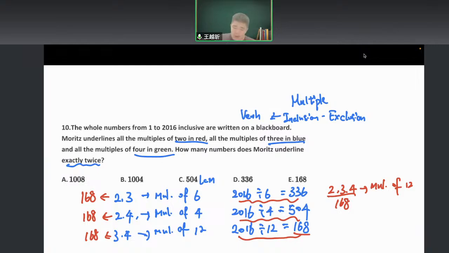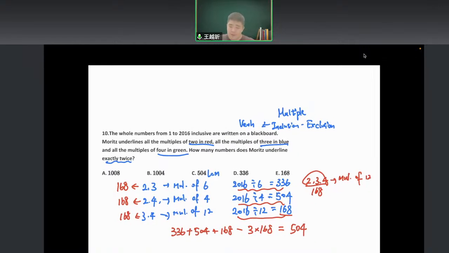So what we need to do is sum up the numbers in each category, and then minus the parts that we don't want, the parts that are multiples of 2, 3, and 4. So we minus 3 times 168. So the answer should be equal to 504.